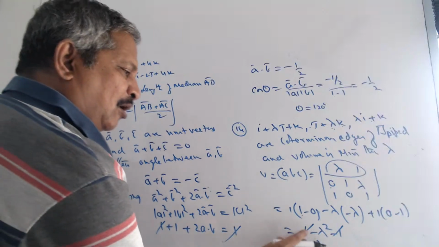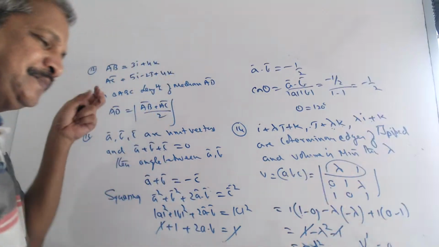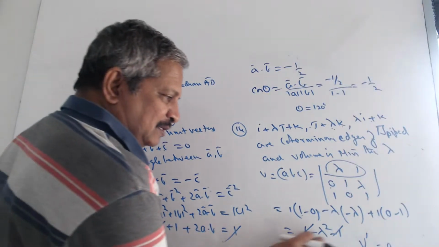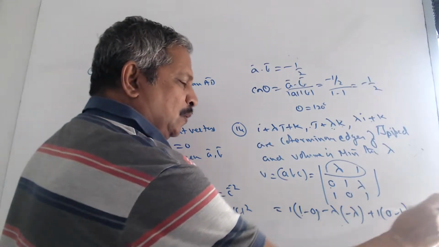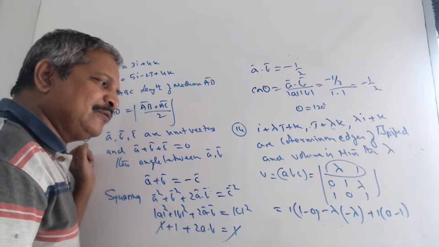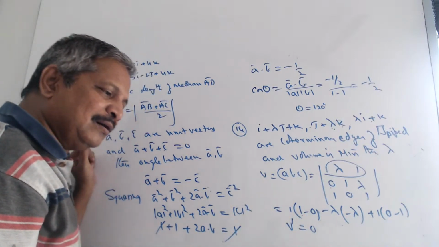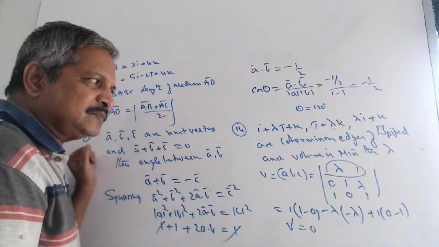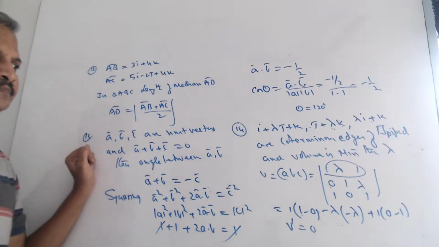So for all maxima and minima, V dash should be 0. So lambda is 0. Here you expand it. The derivative should be 0. V dash should be 0 for maxima and minima. For maxima and minima, the derivative should be 0. So I equated it to 0. That you have to remember.